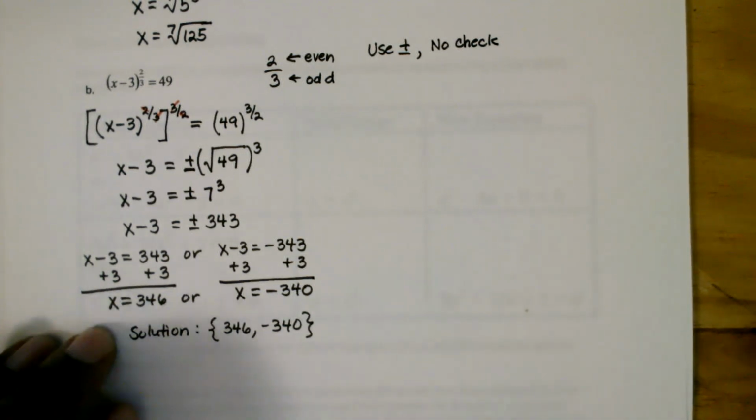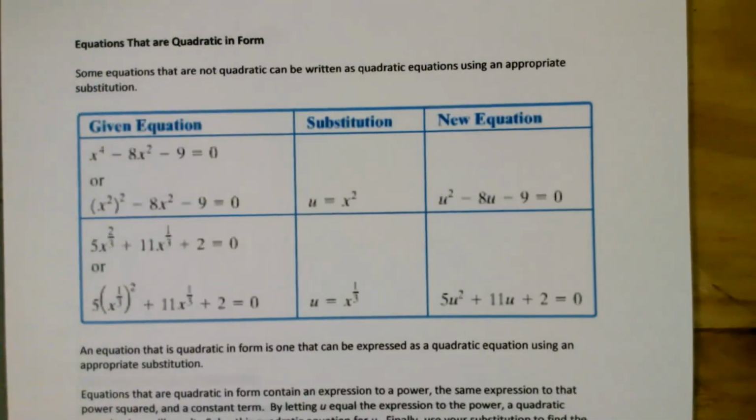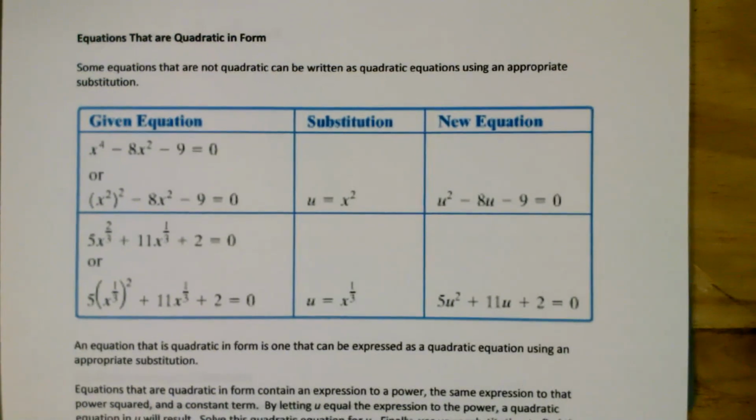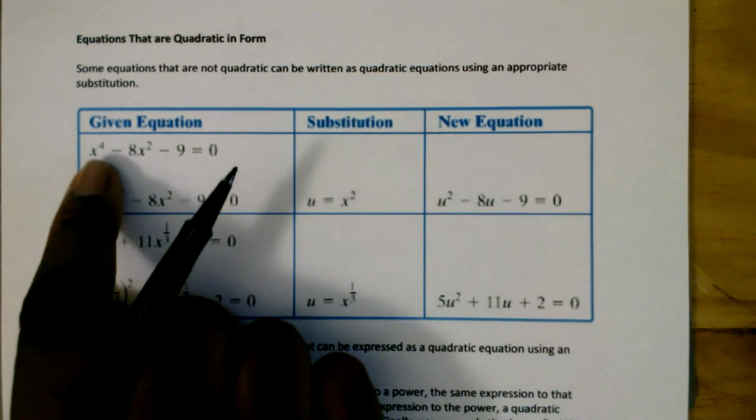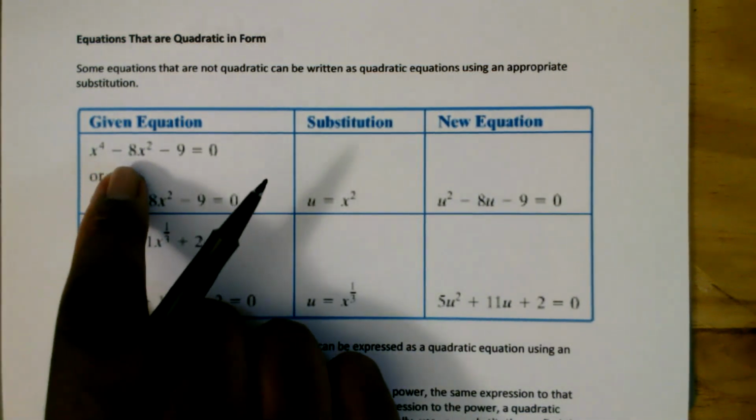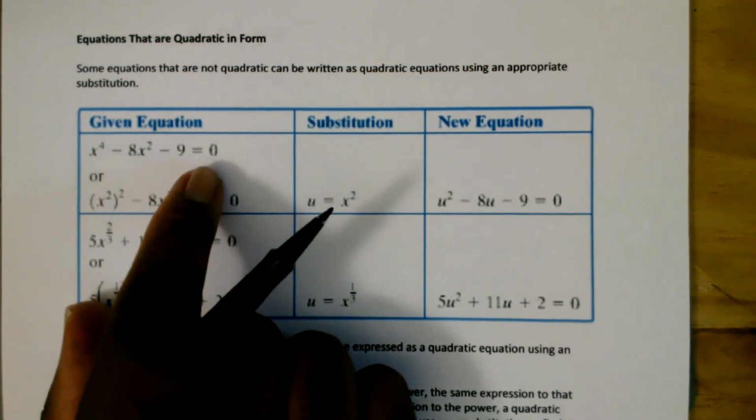All right, next we'll look at this concept where we have equations that are quadratic in form. Some equations that are not quadratic can be written as quadratic equations using the appropriate substitution. Like in this case here, we're given x to the 4th minus 8x squared minus 9 equal to 0.